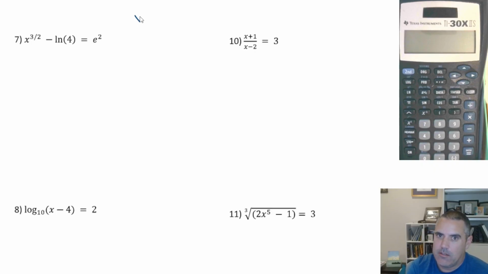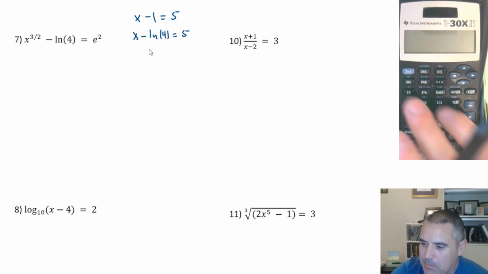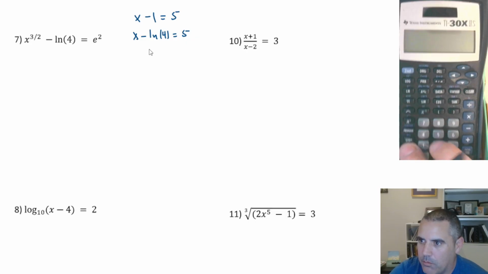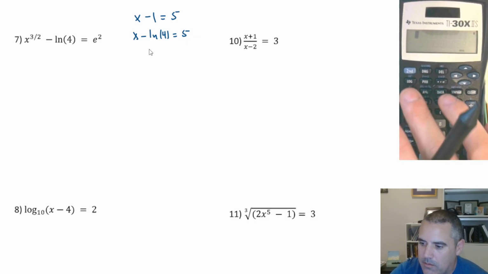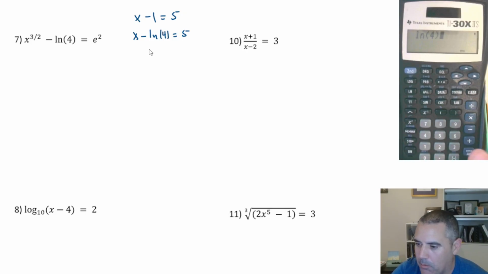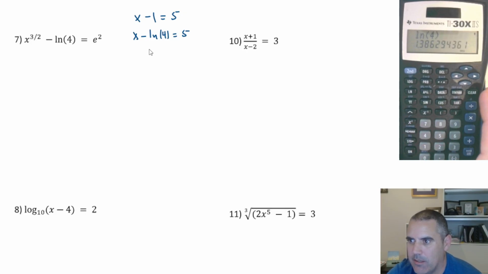If I say solve x minus 1 is 5, students like that. If I say solve x minus the log of 4 equals 5, they don't like it. And in my mind, those are the same. Log of 4 is just a number. For some students, they need me to actually show them that log of 4 is a number. I grab a calculator in office hours and I say it's a number.